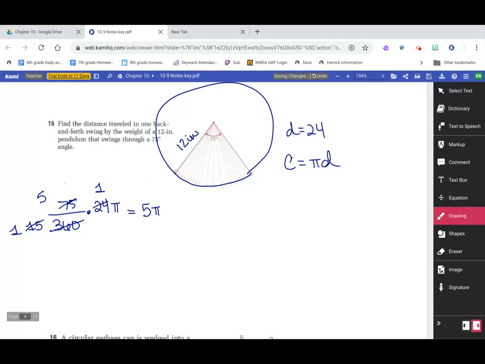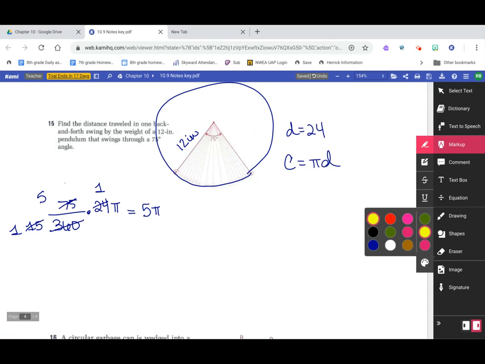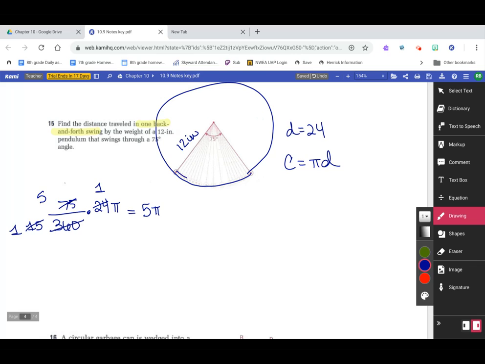That's not our final answer, though, because it specifically wants one back and forth swing. So that means we're going to start here, go here, that's 5 pi, and then come back, which is another 5 pi. So when we double this, we get 10 pi for the length, and it would be in inches.